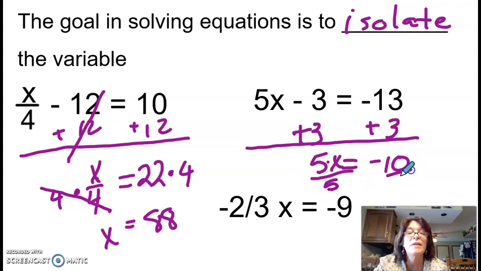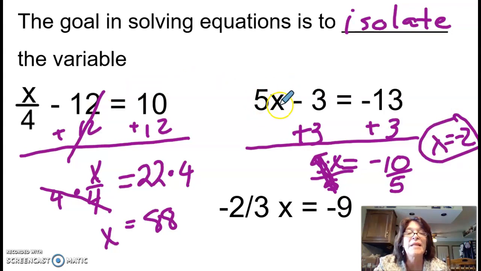To get rid of multiplication, I'll divide both sides by 5. Again, I have the 5 over 5 is 1. So I have x equals negative 2. And again, I would double check that by sticking it back in the equation. 5 times negative 2 is negative 10. Negative 10 minus 3, yep, that's negative 13.